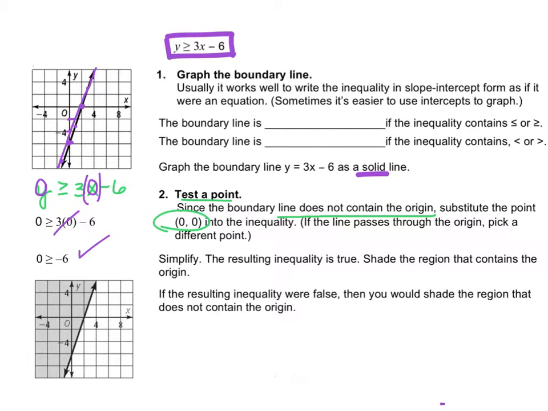Since that's true, that means that we're going to shade in the direction of the origin. Since our test point was above the line there, and it was true, that means all the points on that side of the line would also satisfy the inequality. Okay, if your test point gives you an inequality that's false, then you shade the other direction.